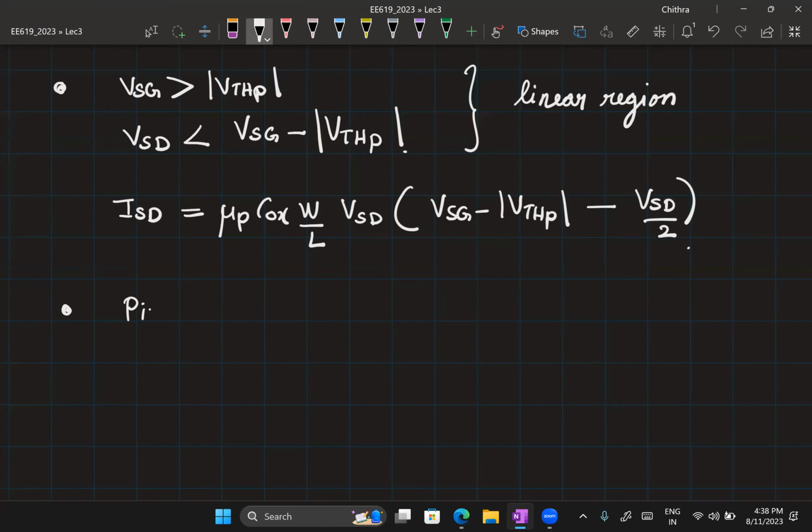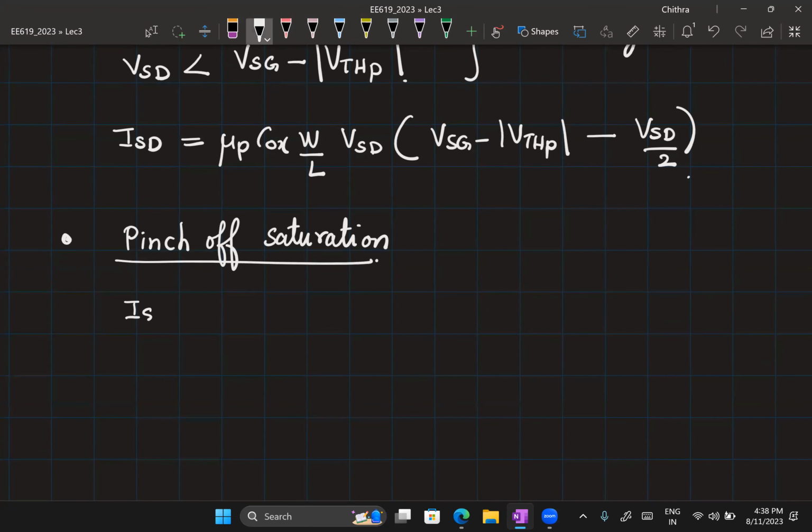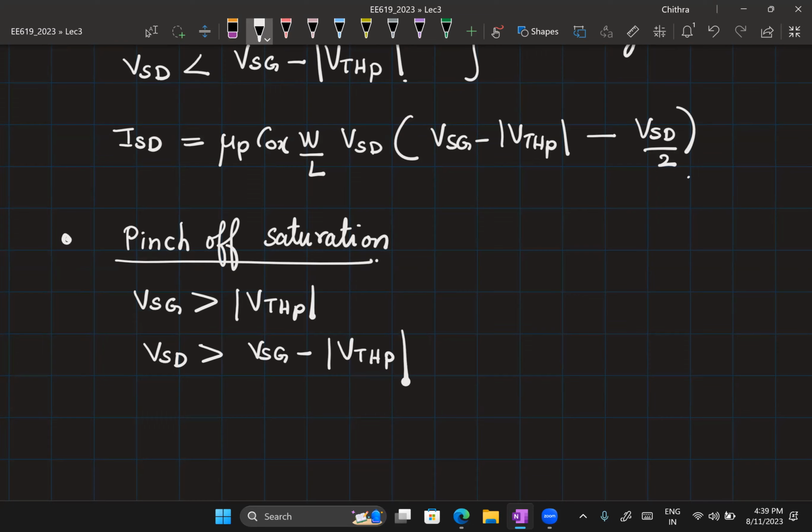Similarly, I'll write out the equation for pinch off saturation. The condition is that VSG has to be greater than mod VTHP and VSD has to be greater than VSG minus mod VTHP.